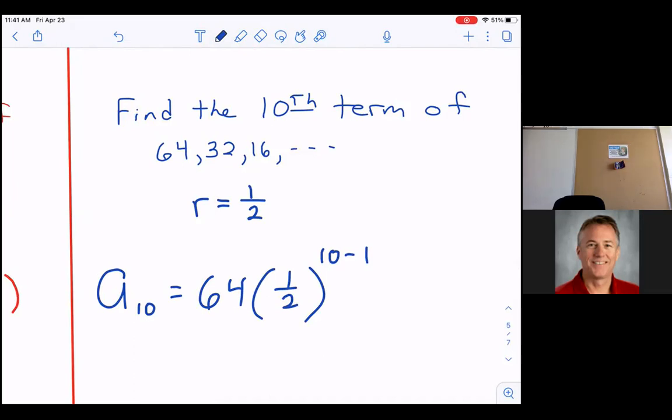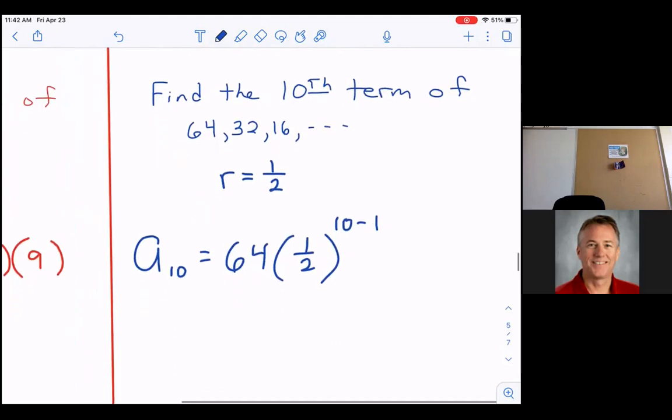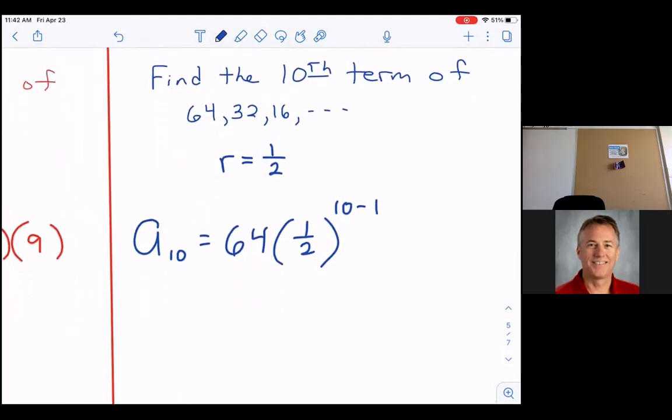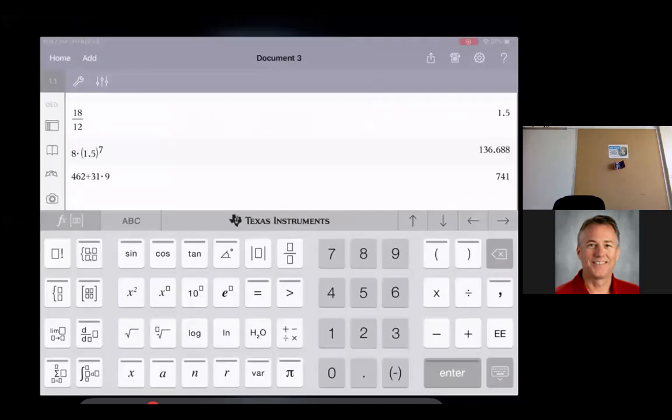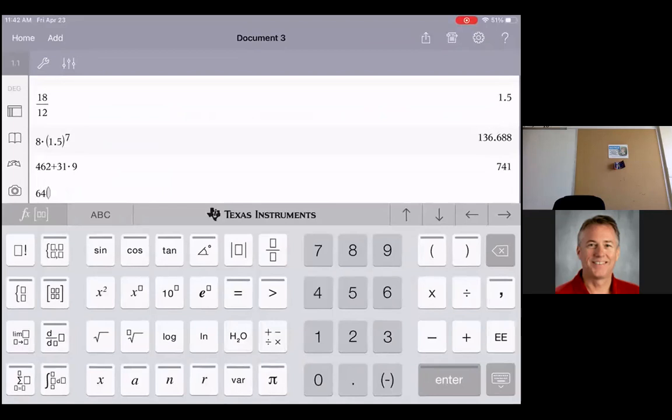Okay, now it's a matter of plugging it in. I'm going to do 64 times 1/2 to the 9th power.